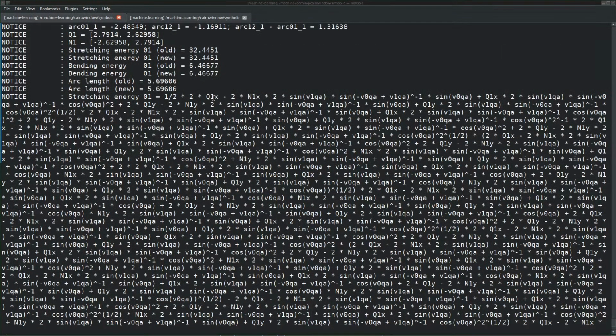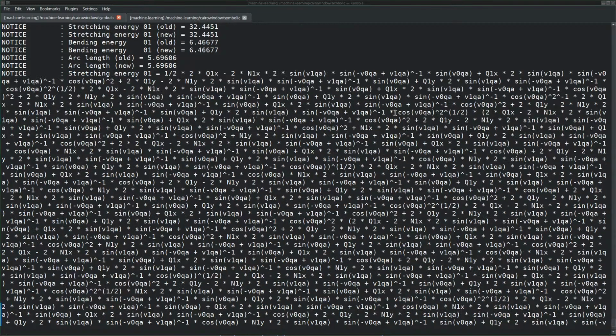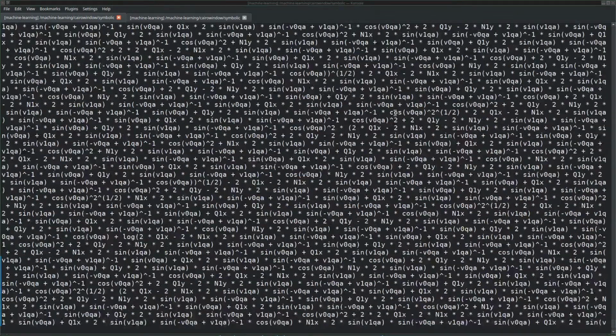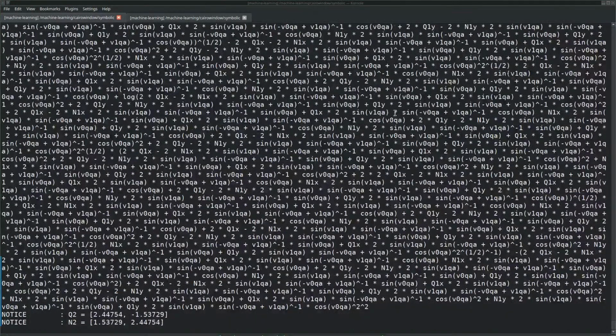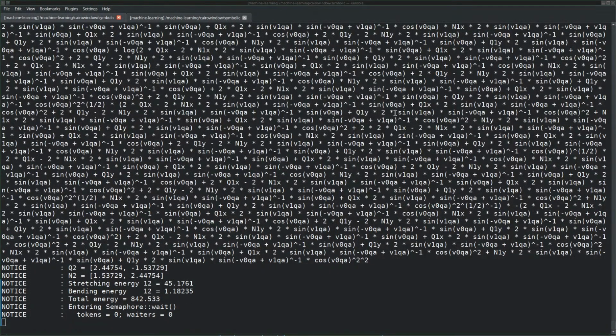So this is the formula. What is this? What the heck is that? It seems like missing parentheses.